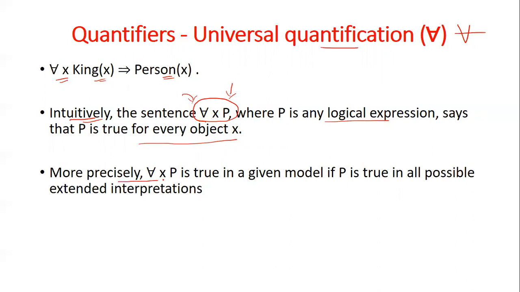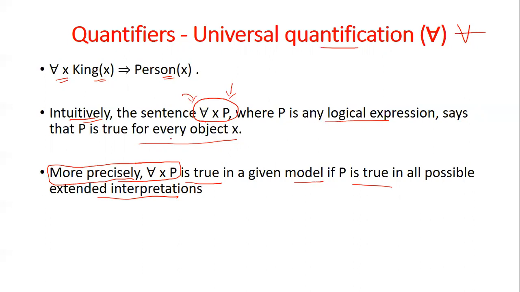But more precisely, what does "for all X P" mean? "For all X P" is true in a given model if P is true in all possible extended interpretations. What does it mean? It may be a little confusing, but we'll discuss an example for this.